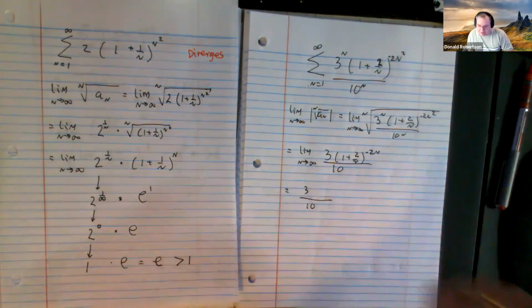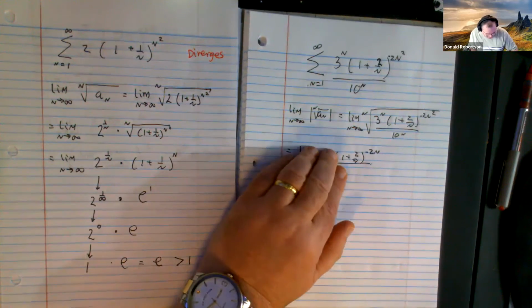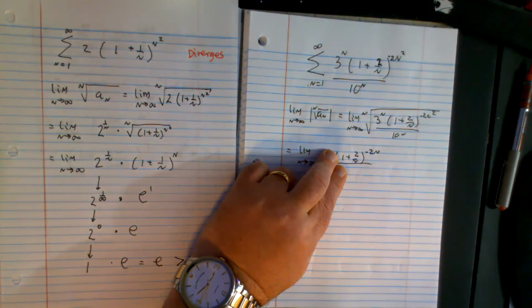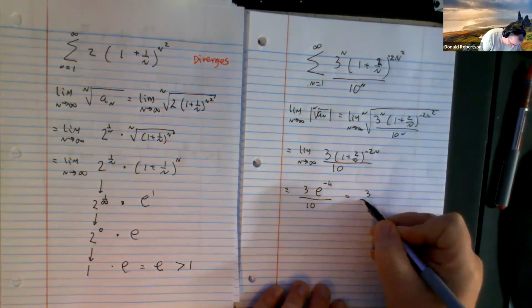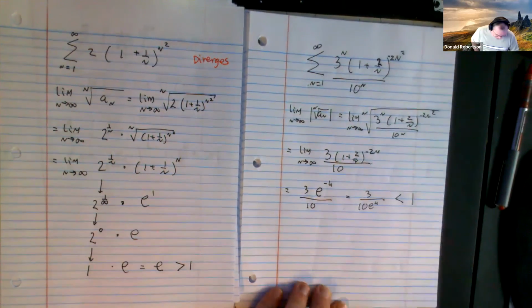Using my AB thing, what does that fella become? What's the limit of that guy? e to the -4. Agreed. If I write this down as 3 over 10 e to the 4, have I convinced you that that's less than 1?